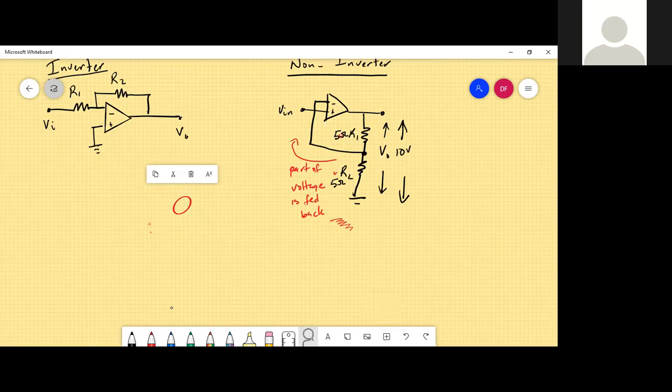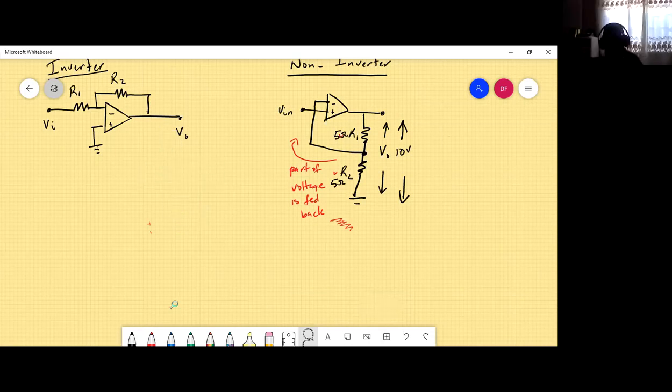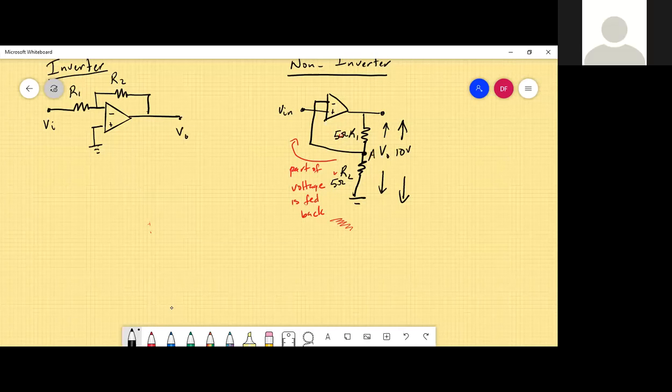I'm saying that this resistance R1 is 5 ohms, R2 is 5 ohms, and let us say that the voltage across the two things is 10 volts. What would the voltage at the junction, I'm going to call it A, be? What would be the voltage at A?